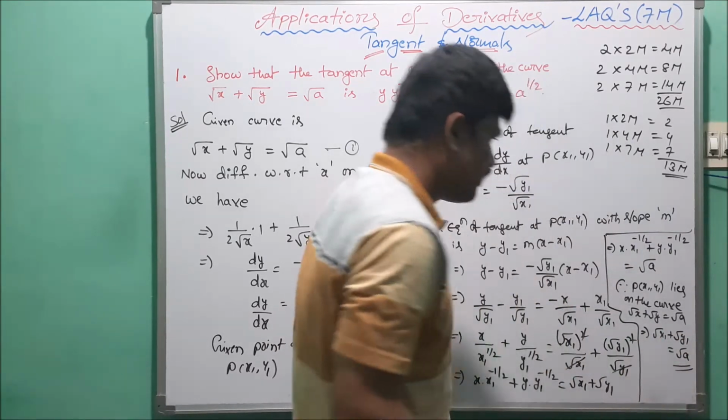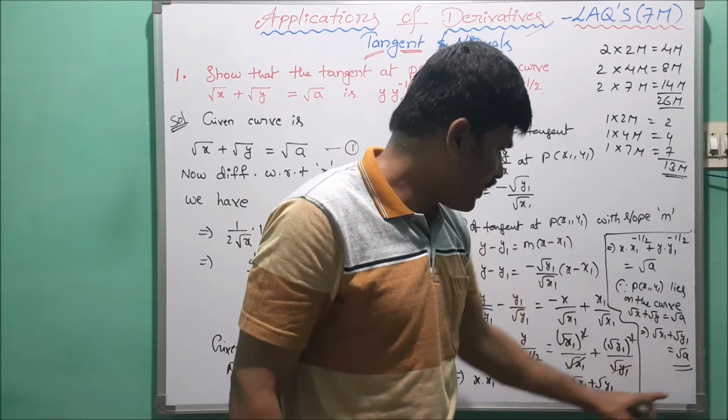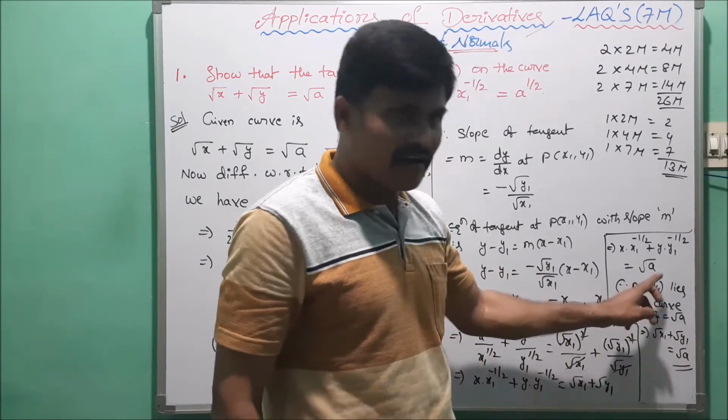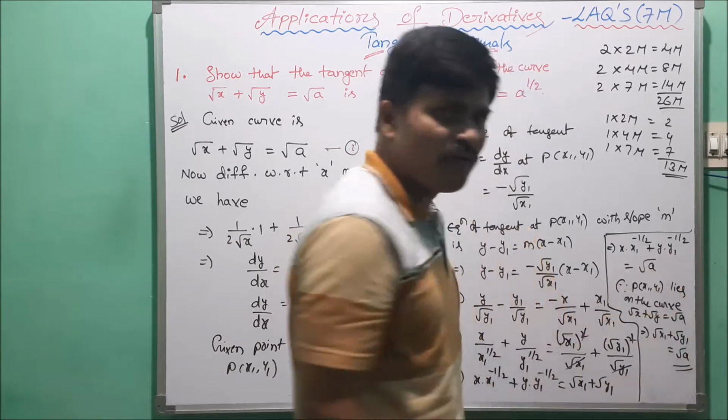Now we substitute root a in the right-hand side. So this is the equation of tangent.